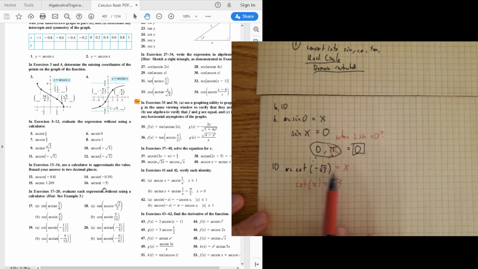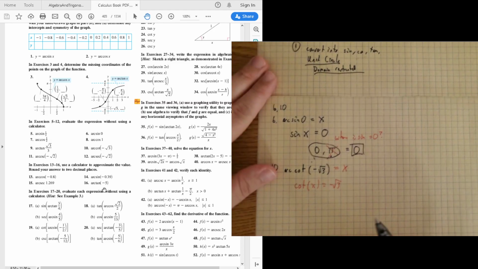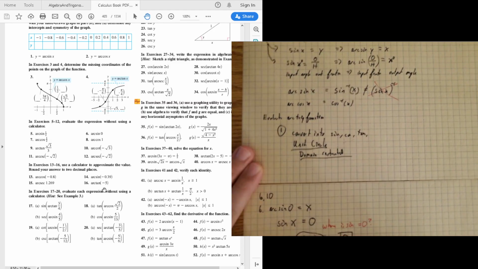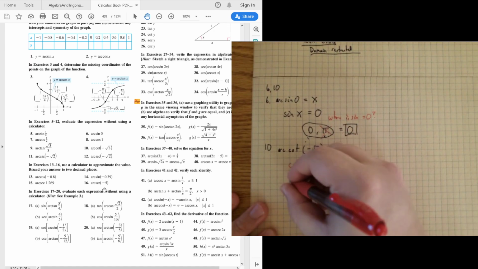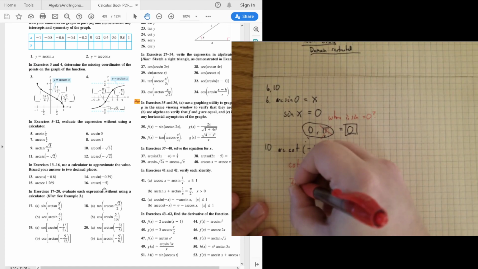Now, if you don't have your unit circle fully memorized, this can be a really tough one to answer. But remember, you always have the option to convert into sines, cosines, and tangents. That's what I'm going to do. Remember, cotangent is just 1 over tangent.